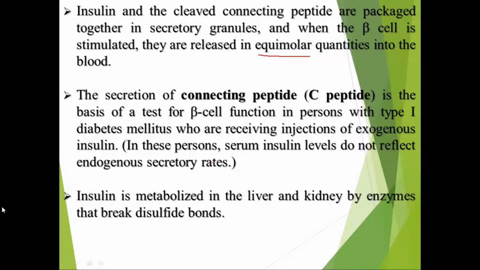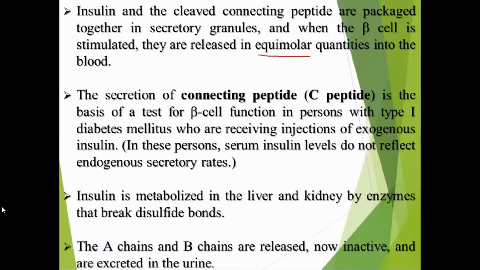That is one of the bases for the test in type 1 diabetes mellitus, in a person who is exogenously administered insulin. Now the A chain and B chain are released, now inactive, and excreted in urine.